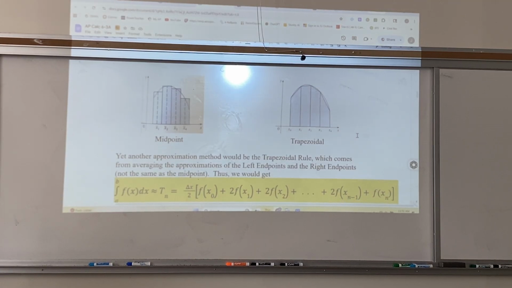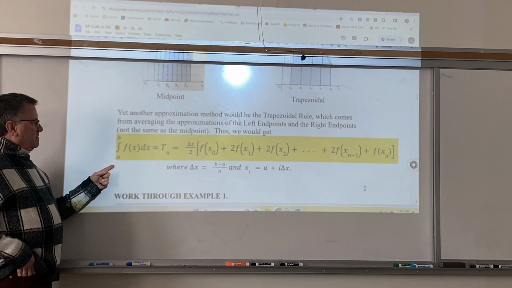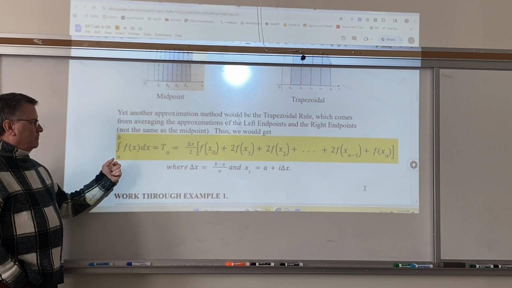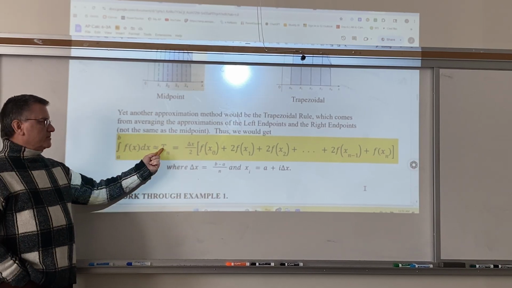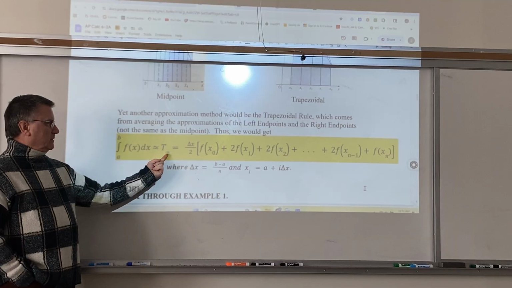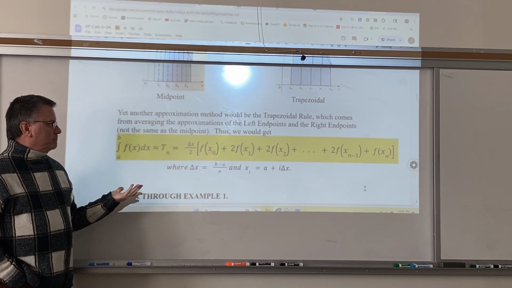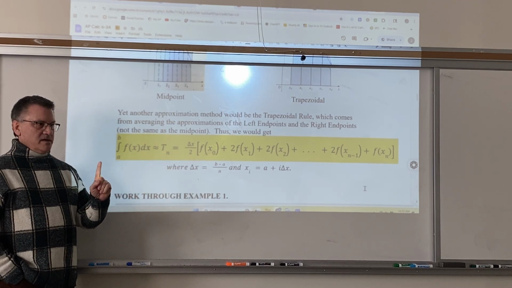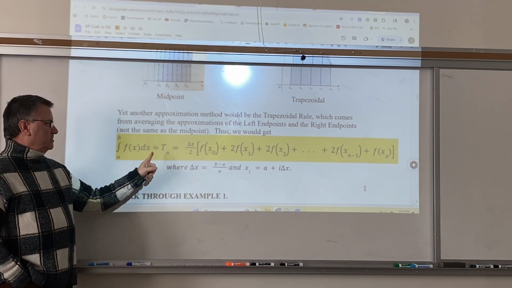Let me pull this up. So the integral of f of x dx from a to b, I can approximate that, just like I did with rectangles, with trapezoids instead. And how many trapezoids do you want? Probably more trapezoids, the better. We're going to tweak it because it's not rectangles anymore. This is just an approximation.